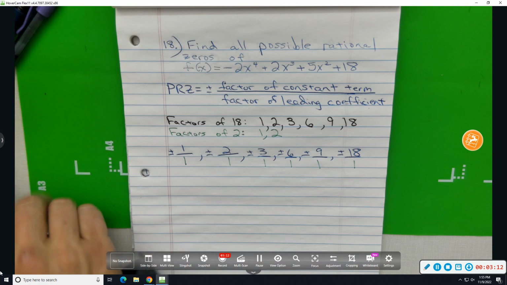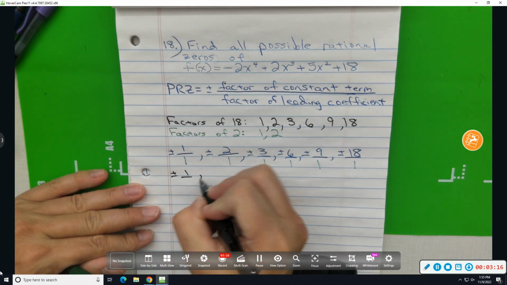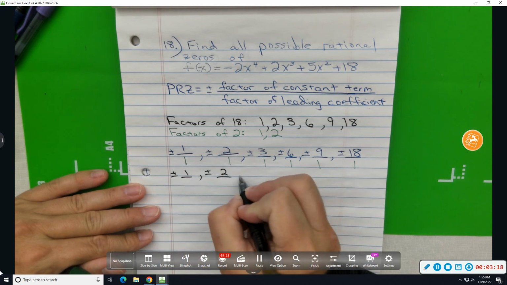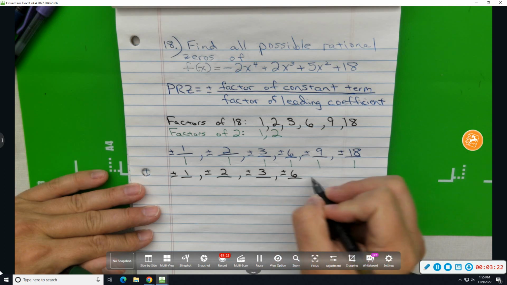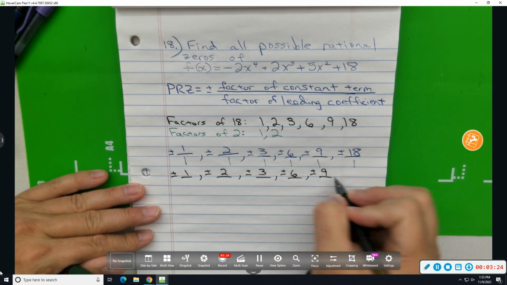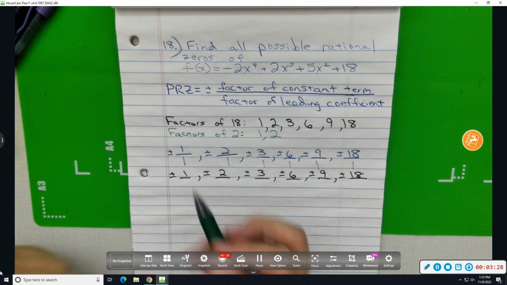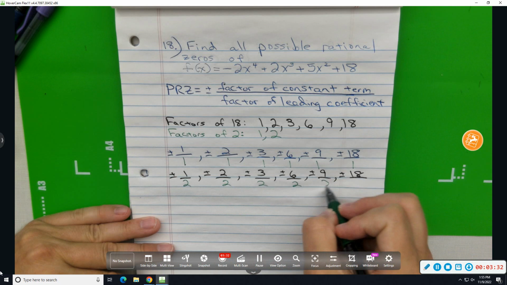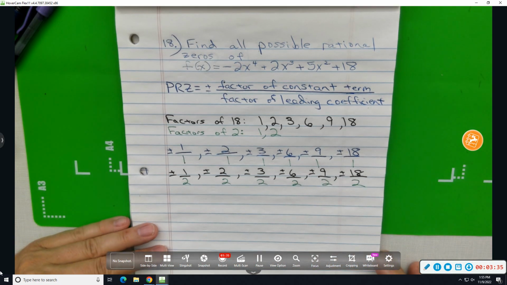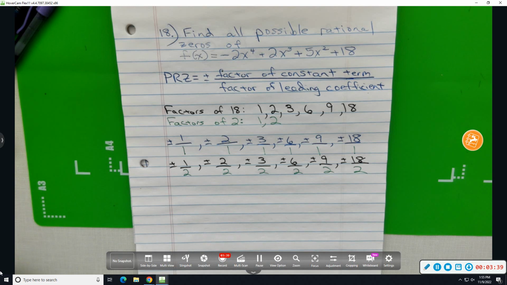So we're putting them all over 2 now. And we can clean all these up.